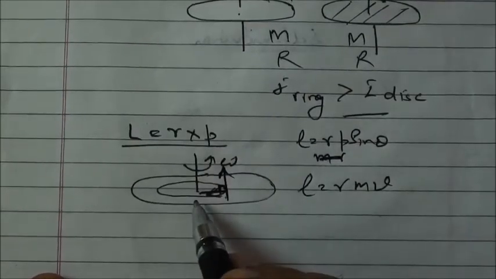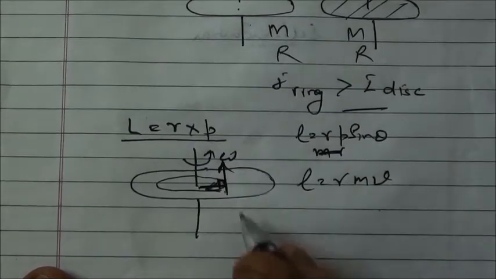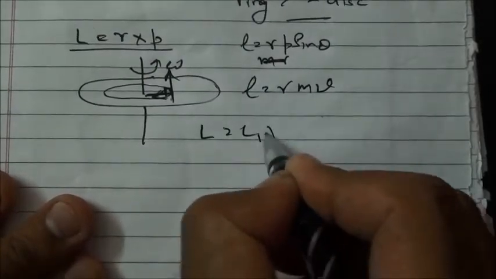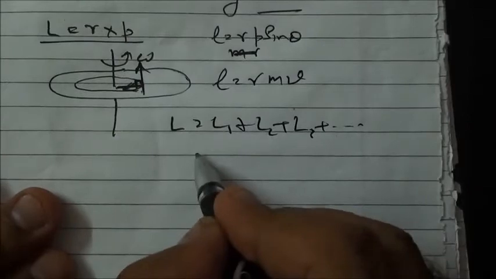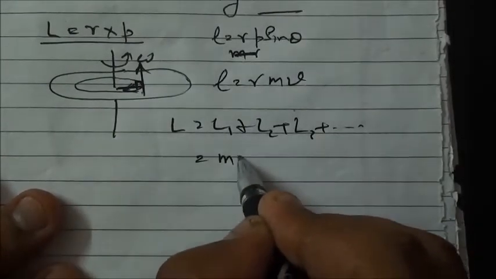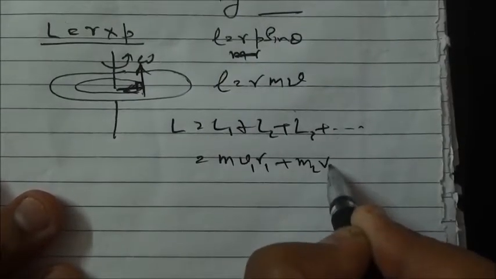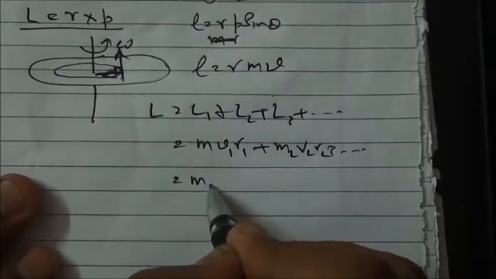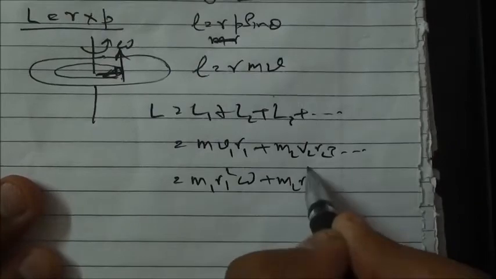And direction again r cross p, so r and p along the axis. For all it will be the same. So again we can just add all these. So it will be m1 v1 r1, m2 v2 r2 and so on. v is r omega. So m1 r1 square omega, m2 r2 square omega.